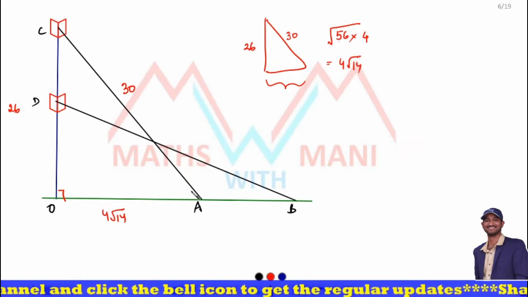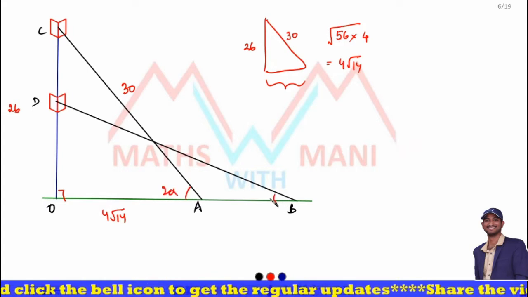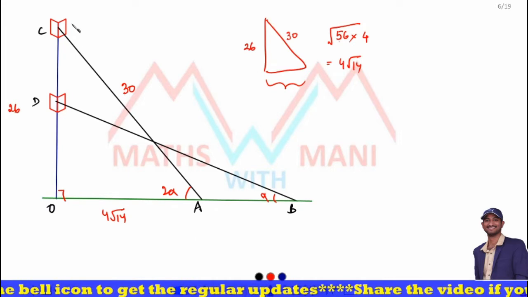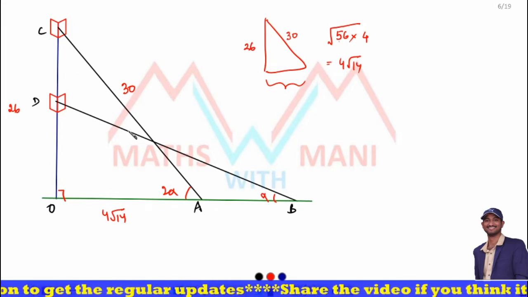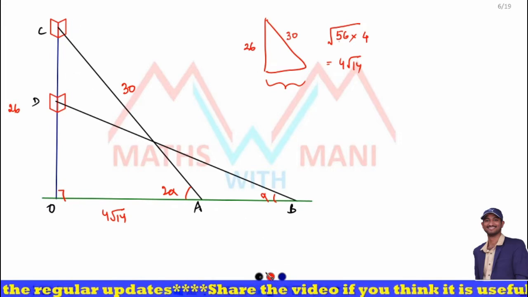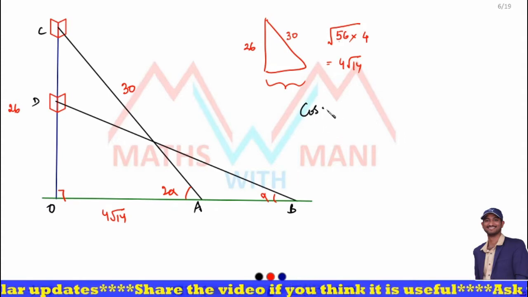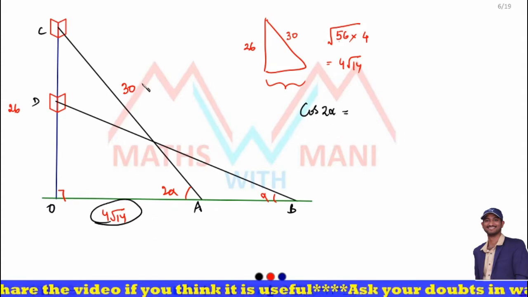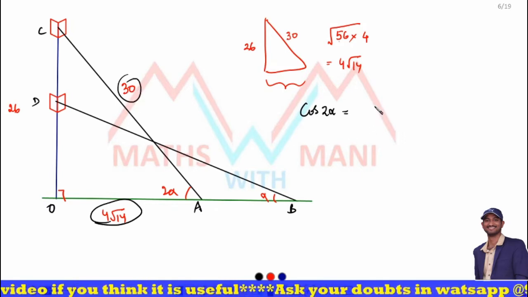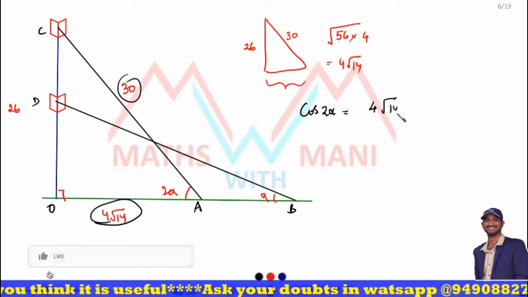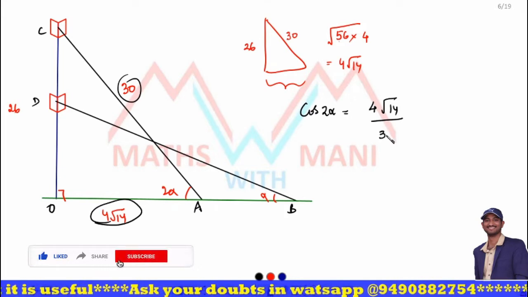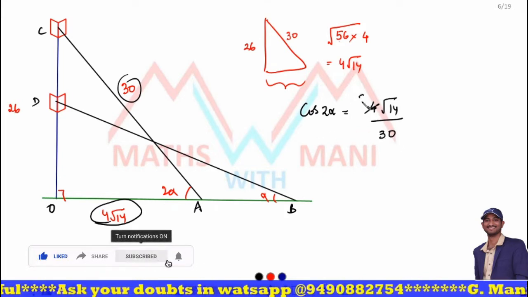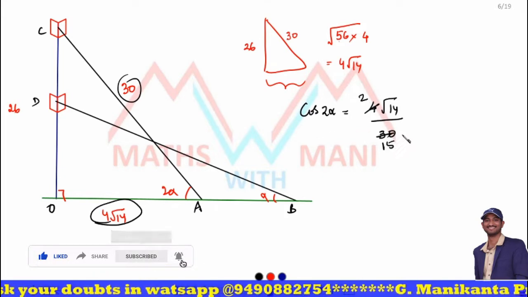It is 2 alpha and it is alpha. Now from the triangle OAC, tell me the value of cos 2 alpha. Cos theta means adjacent side by hypotenuse. What is the adjacent side? 4 root 14 by hypotenuse 30. So 2 2s, 2 15s.